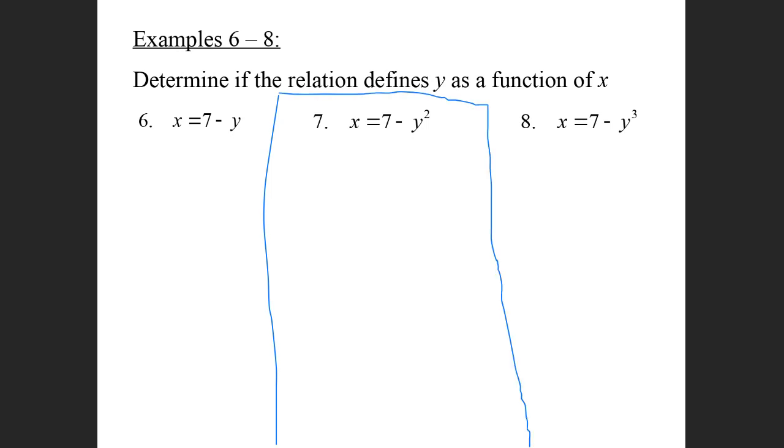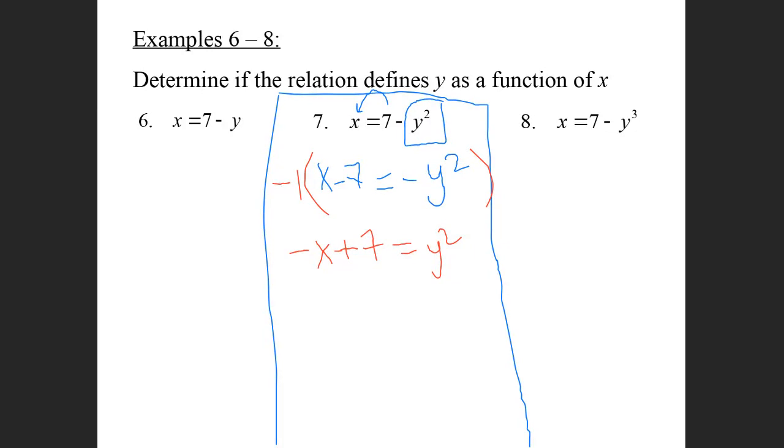Why? If you try to solve for y, move 7 to the side: x minus 7 equals minus y squared. Multiply everything by minus 1, so minus x plus 7 equals y squared. Therefore, y squared is 7 minus x.